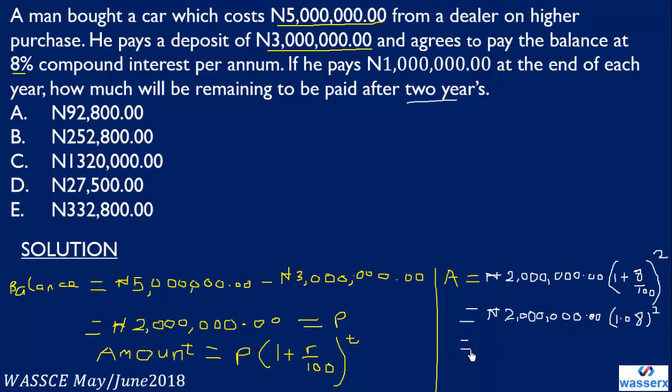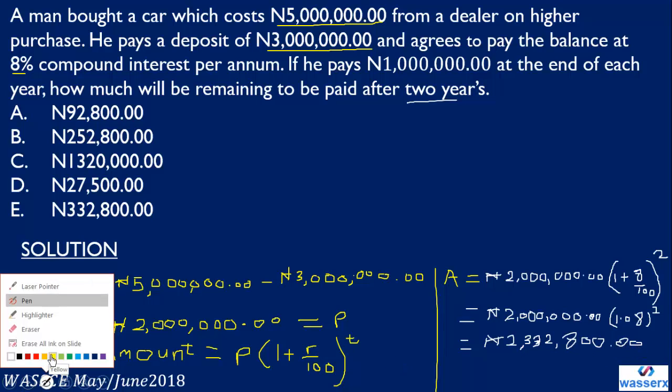1.08 squared. So if you multiply this, we get 2,332,800 naira.